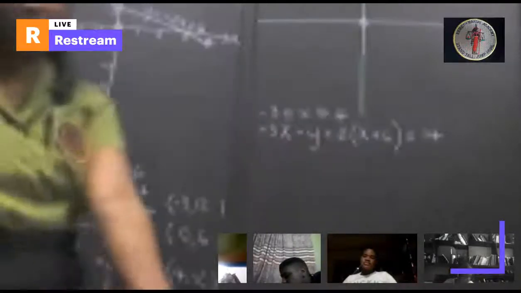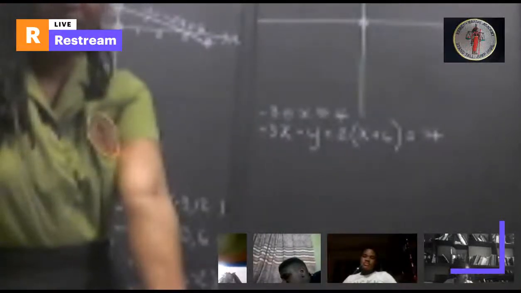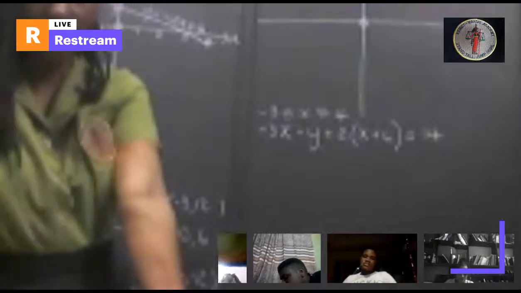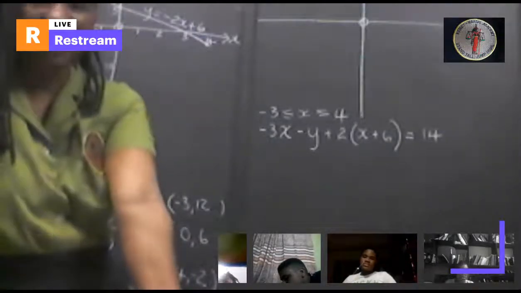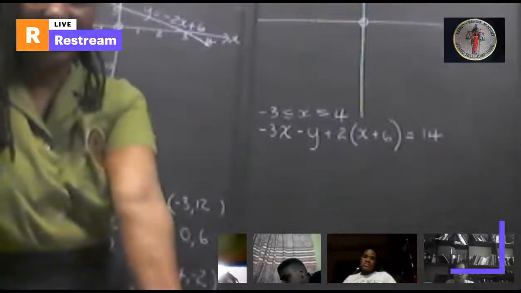How would you approach it? Suppose you were told, this is a graph, I want to plot the graph, and that's the domain you must use. Tell me your approach to that.